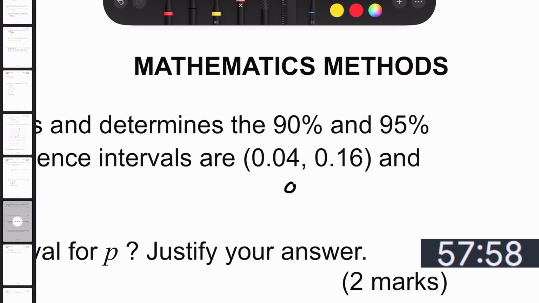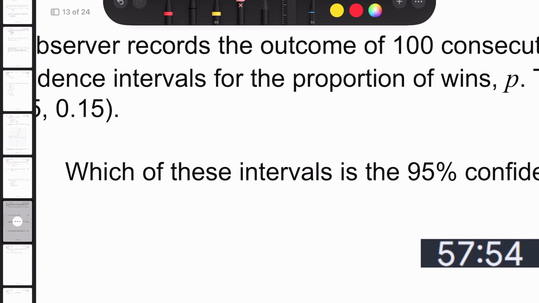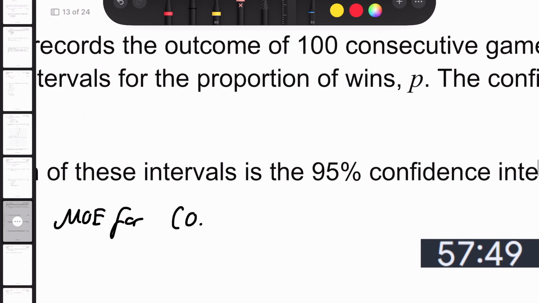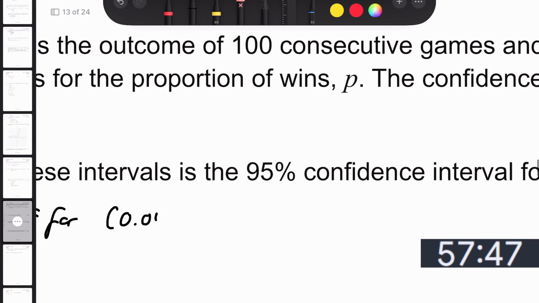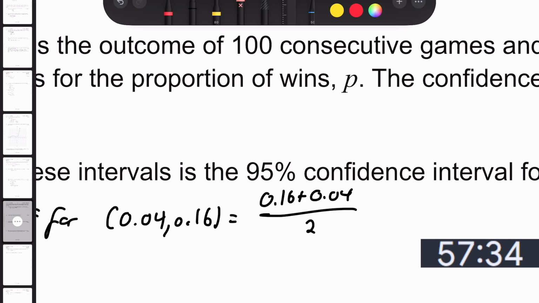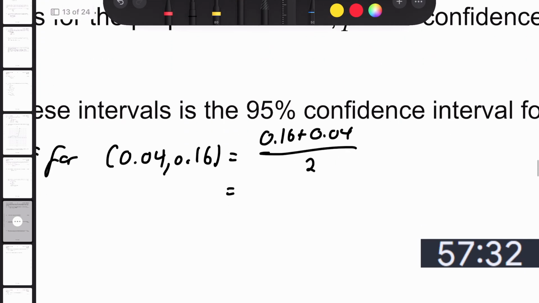The midpoint is 0.1, so for 0.04 to 0.16, the margin of error is 0.16 minus 0.04 all over 2, so this is 0.06.